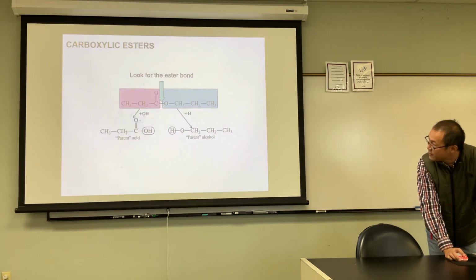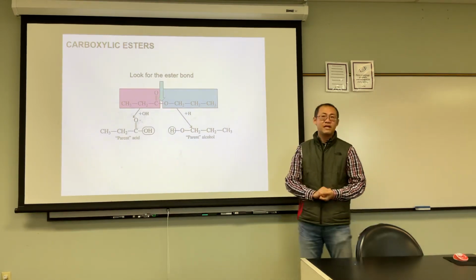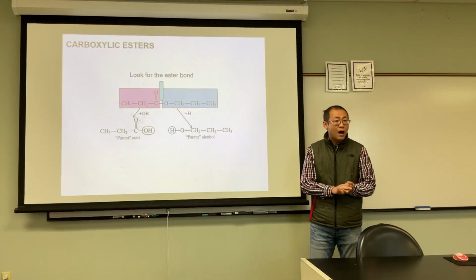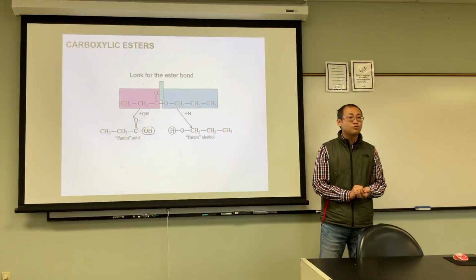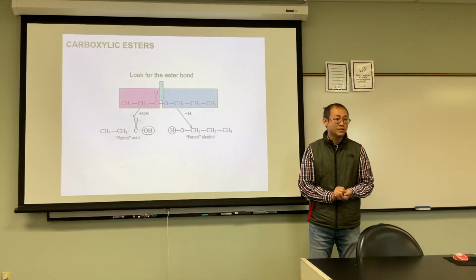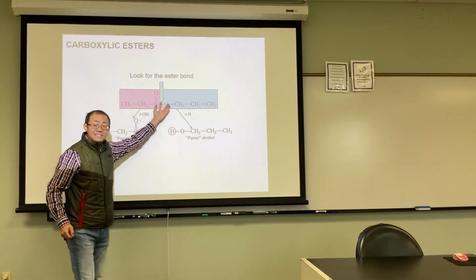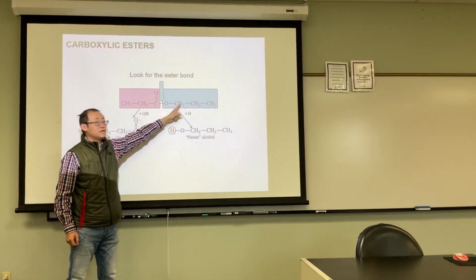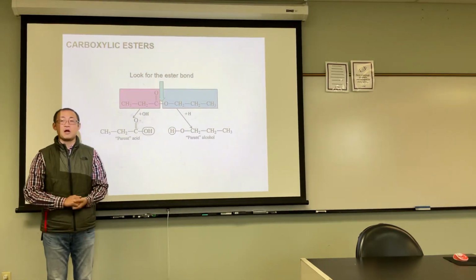Now, at the very end of the previous lecture, I mentioned to you that not only are we going to know how to form an ester bond, but also when you're given a structure, you can recognize the molecule is an ester by identifying the functional group we just mentioned. COOR. Again, the R must be a carbon group.